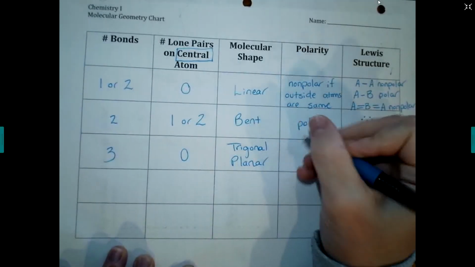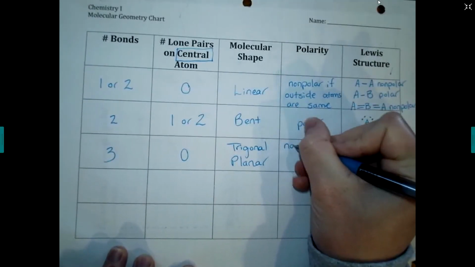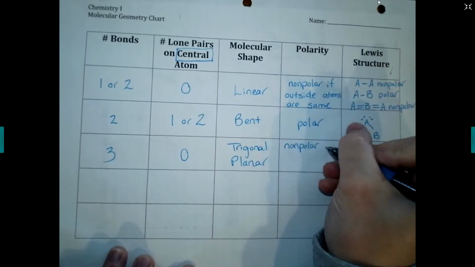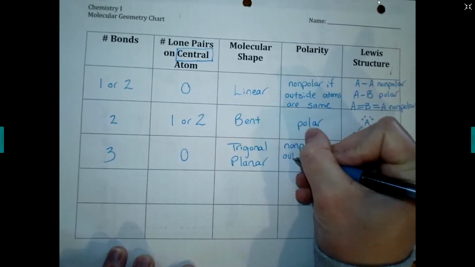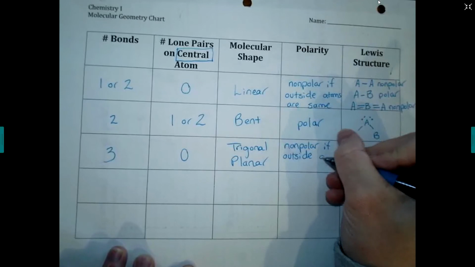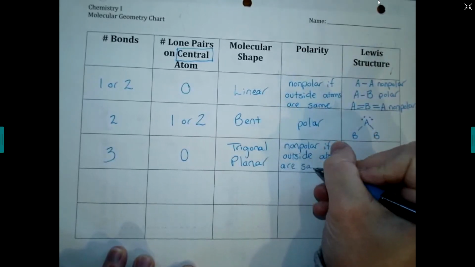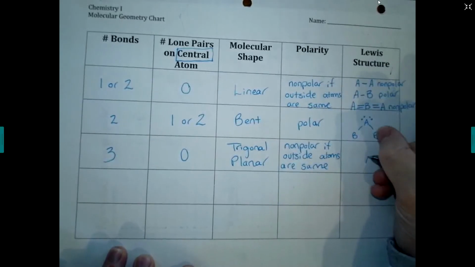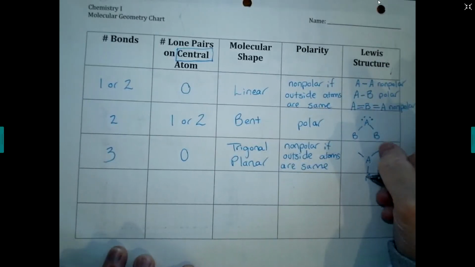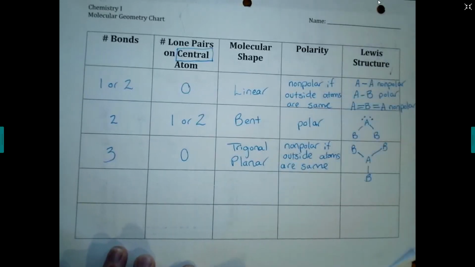And for the polarity, it's just like linear, nonpolar if the outside atoms are the same. So we'll just have those outside atoms as far away from each other as possible.